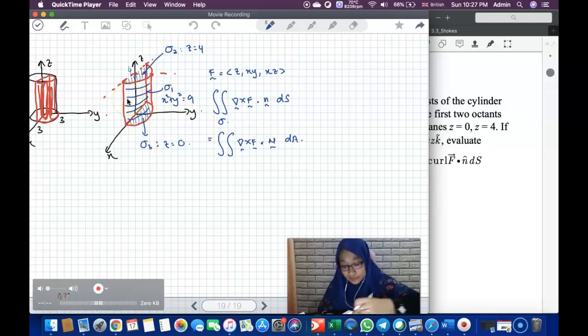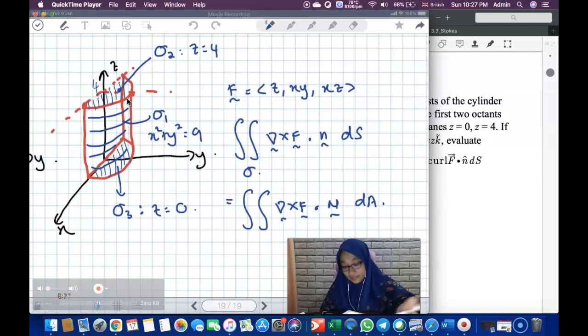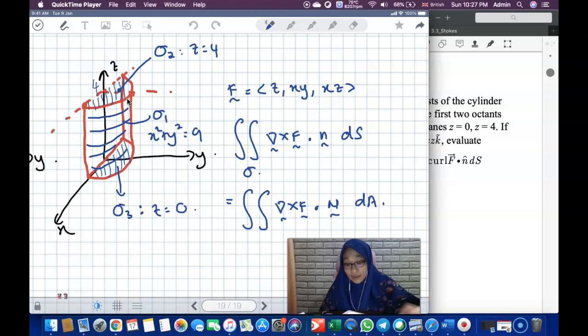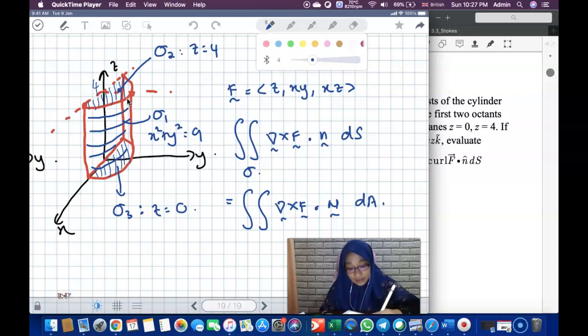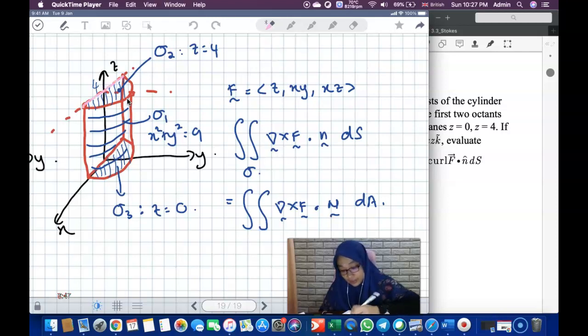So where is your boundary? It should be a closed curve, and that closed curve becomes the boundary of your sigma. So the boundary, which is a closed curve, is given by this closed curve, right? Can you see that?